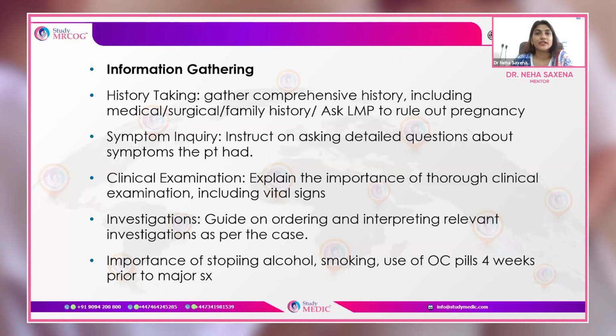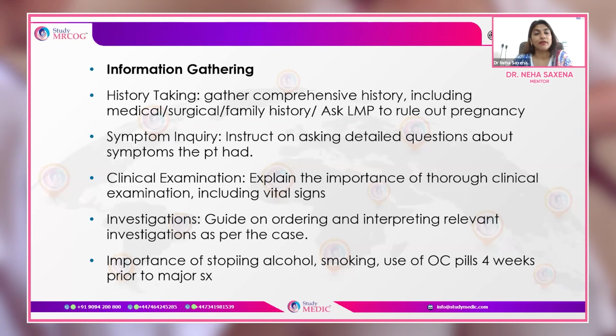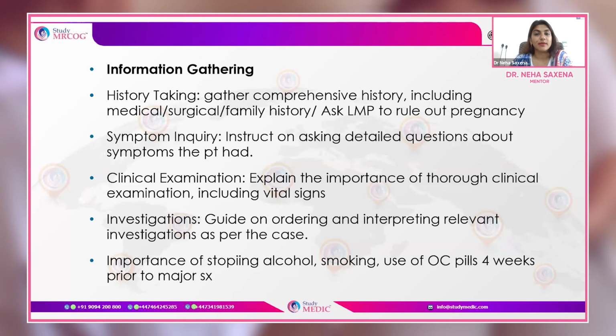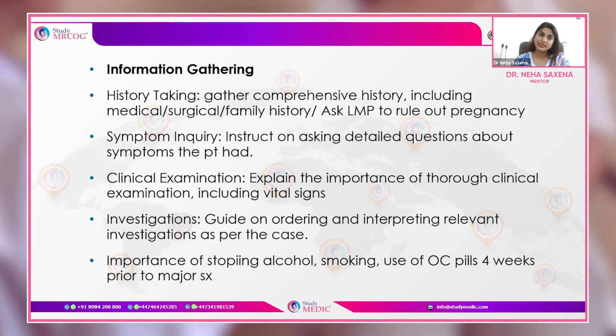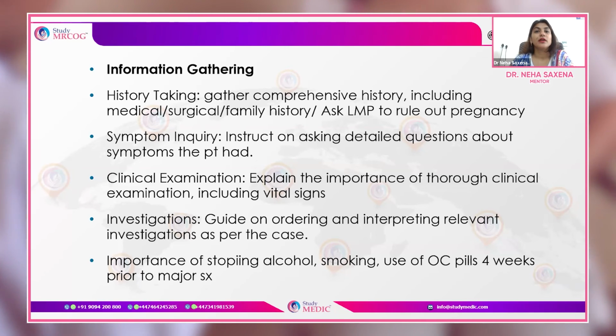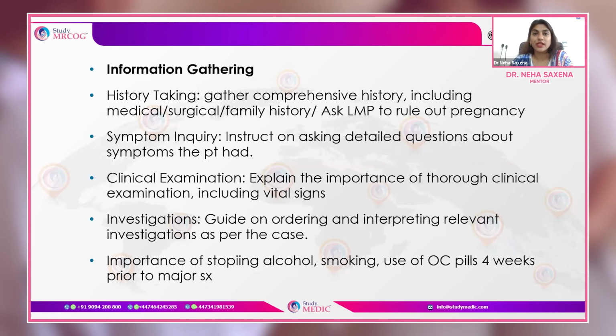In case you are taking a consent, information gathering becomes a very important part of the discussion, my dear friends. You have to say that you would like to gather some information from the patient, for example, the medical history and the surgical history, so that you decide how to go about a particular case. Also, you have to rule out any pregnancy in case the patient is in the reproductive age group.